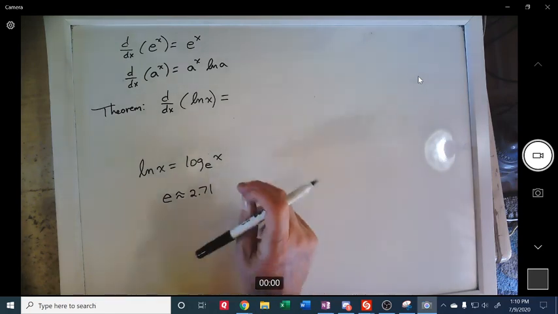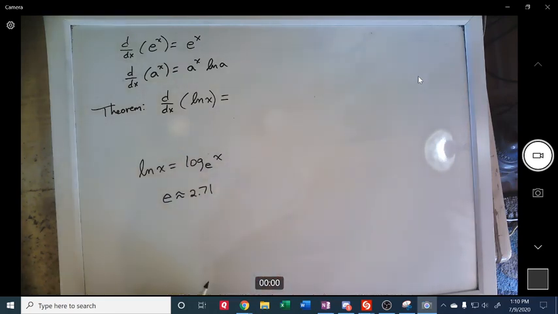All right? Now, where does e come from? It's more complicated than pi, where pi is just any circle. You can take any size circle and measure the distance around it and the distance across it and divide those two things. The distance around divided by the distance across, you always get pi every time. e is much more complex.